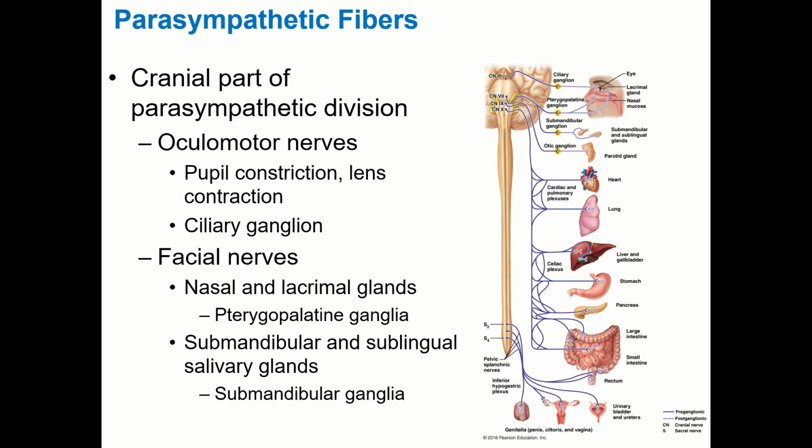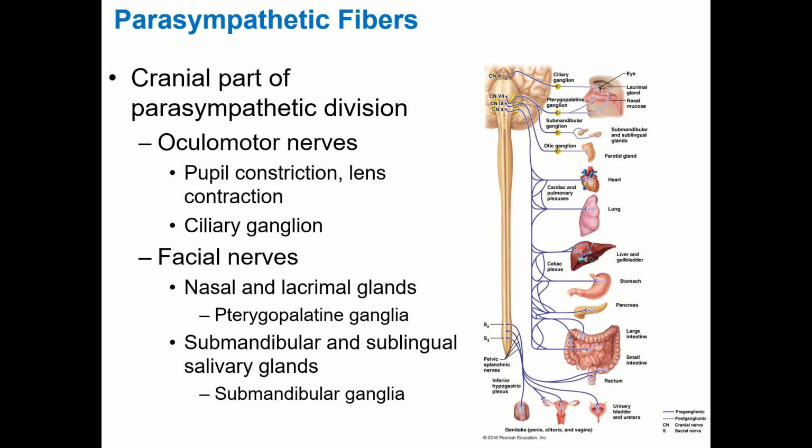So, speaking of those, their fibers run in with, as you can see there, cranial nerve 3, which is the oculomotor nerve, as well as cranial nerve 7, which is the facial nerve, cranial nerve 9, which is the glossopharyngeal nerve, and then cranial nerve 10, which is the vagus nerve.